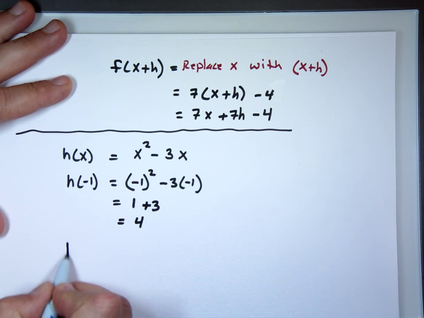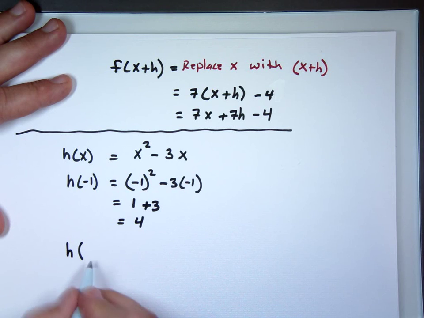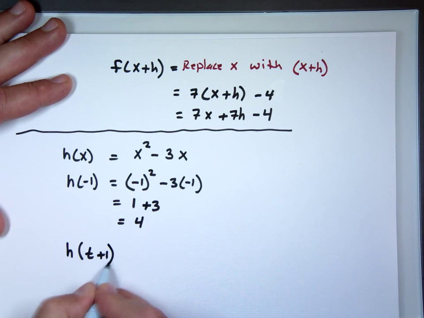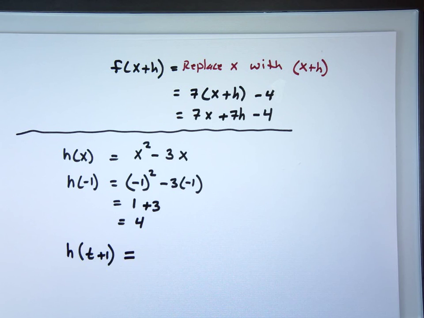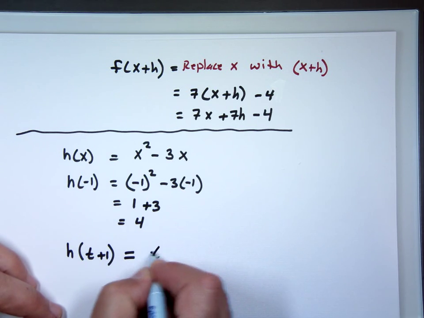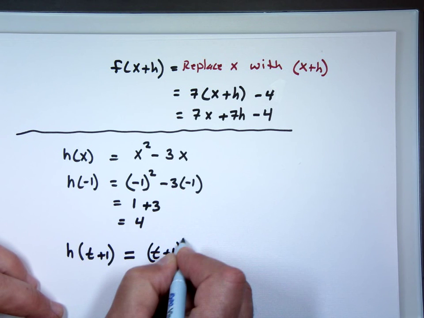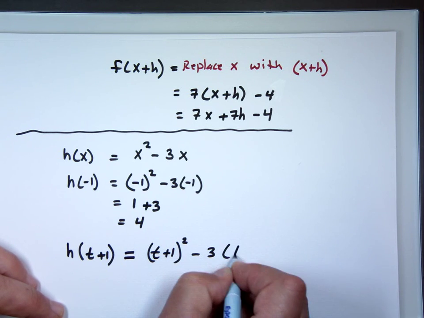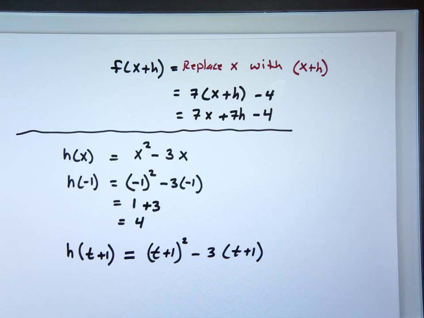If I say h of, I don't know, t plus 1, so t plus 1, what are we supposed to do? Replace x with t plus 1. Now remember, I have to use the FOIL method here. t plus 1 times t plus 1.